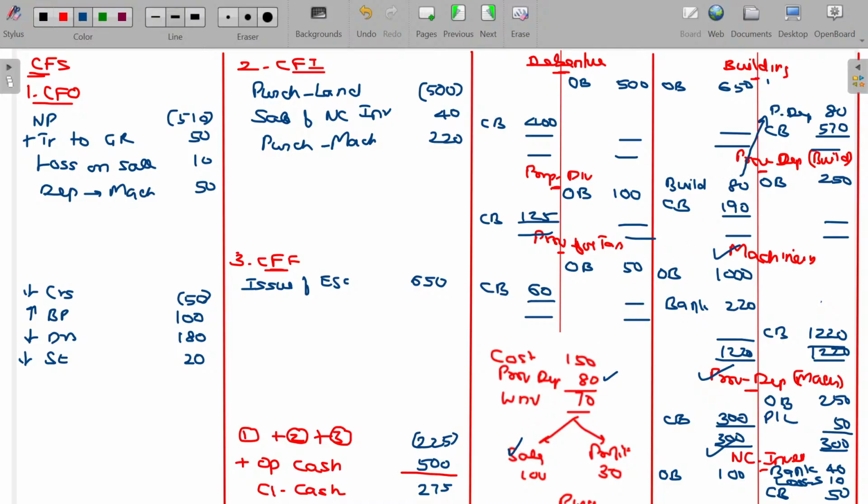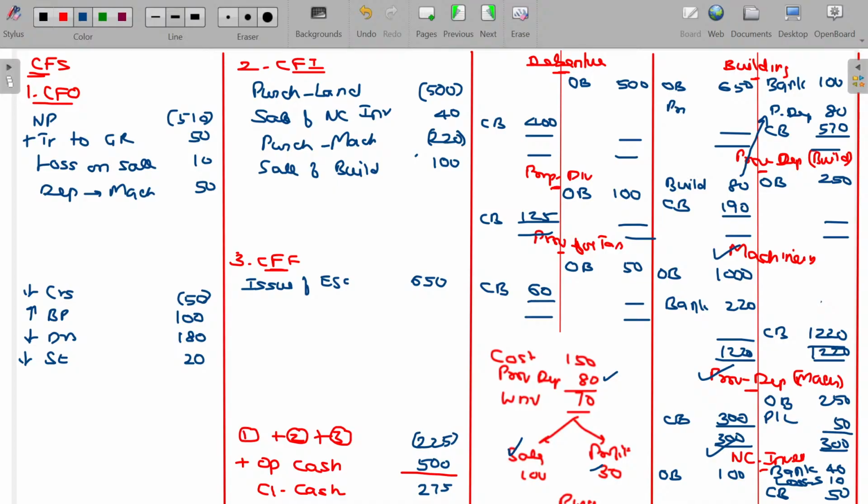Sale value, bank, you collect this money. 100. This 80 is posted twice. 100 to be posted again. Where? Here. Sale of building being 100, and there is a profit of 30 rupees.